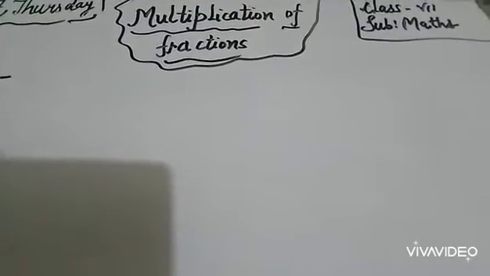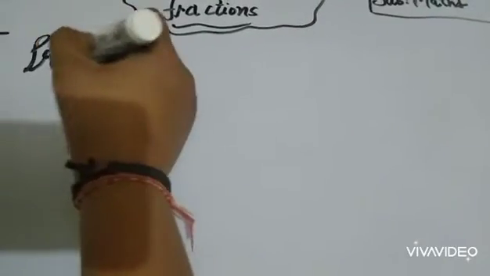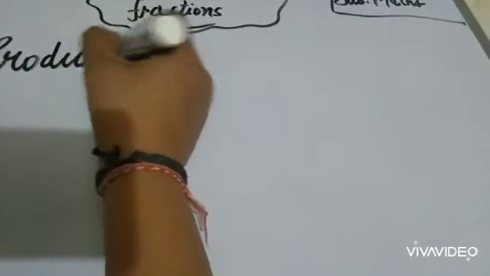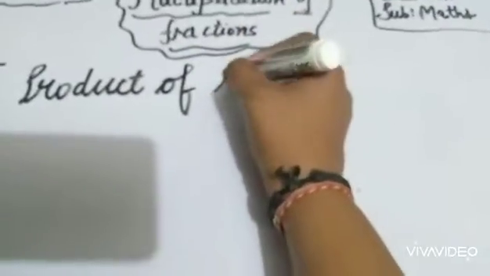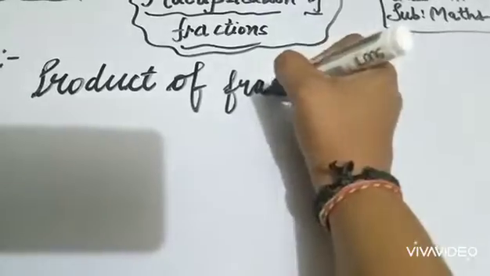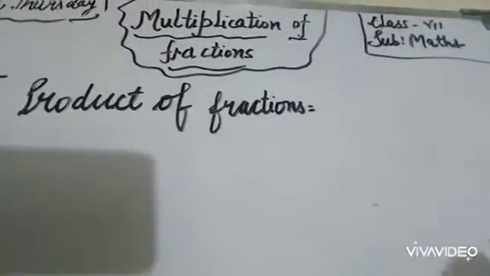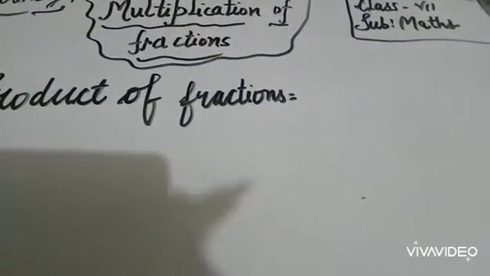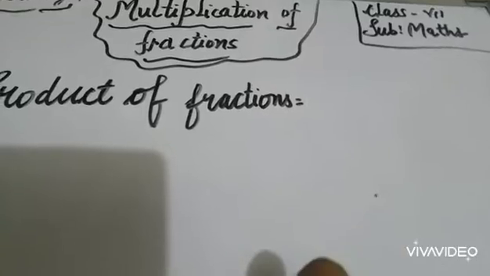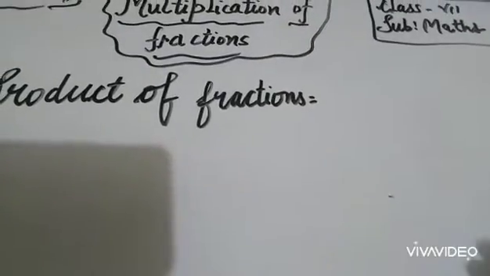Let's discuss the first rule, that is, how will you find the product of fractions. I think all students know that in a fraction, what is given is the numerator by denominator. So a fraction is always in the form of numerator by denominator.